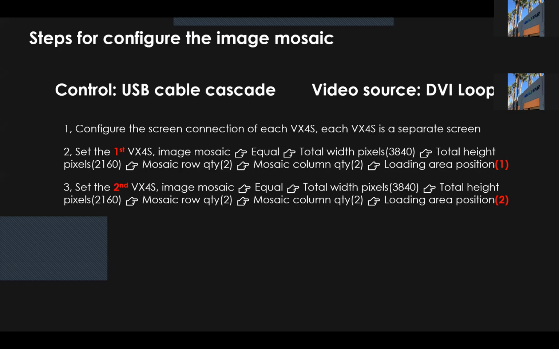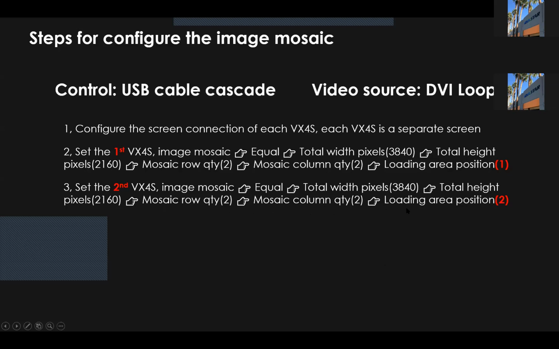Let's see what we have to do for the second VX4S. It's really hard to find any difference except the loading area position, because all the settings should be the same, even the total width pixels, total height pixels, mosaic row quantity and mosaic column quantity.